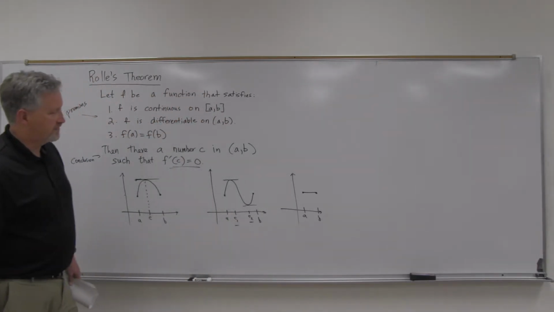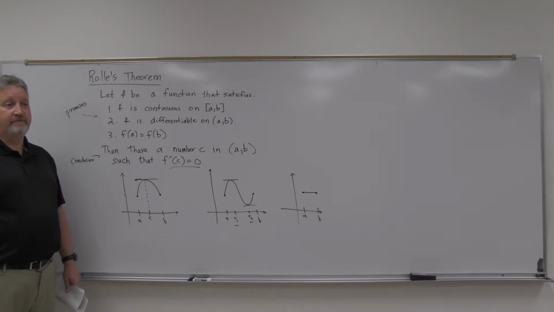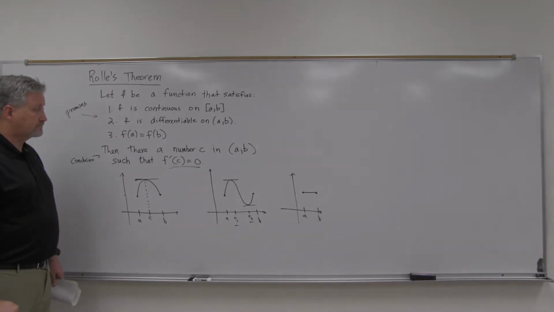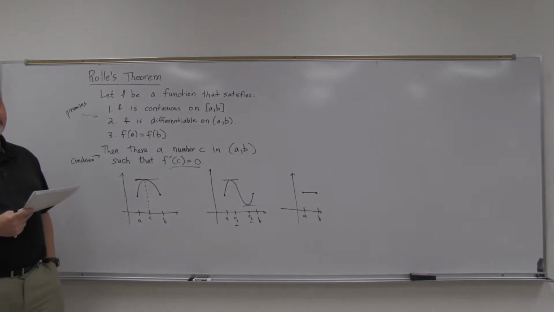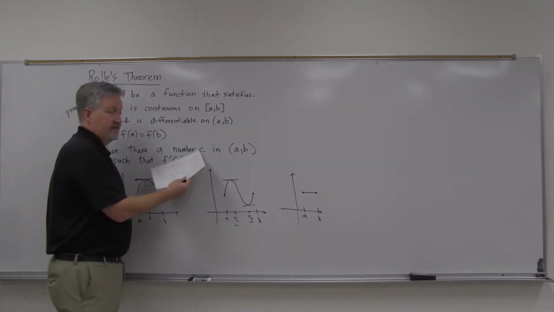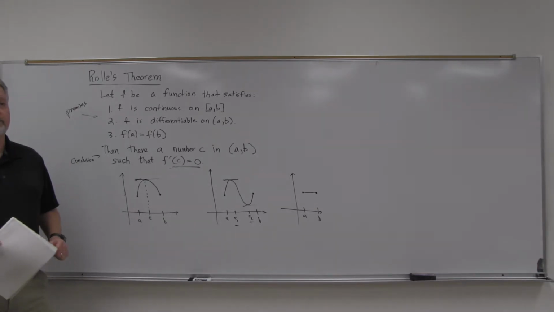So that's pretty well what could happen in this scenario. But in all three cases that I put up here, and any other one that we could come up with, it's the same thing. We're still going to find at least one c value where you've got a horizontal tangent, derivative is 0.